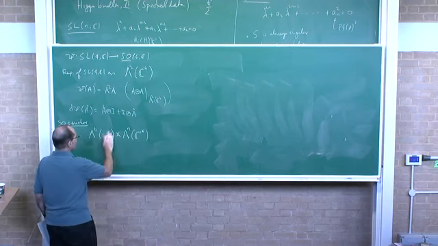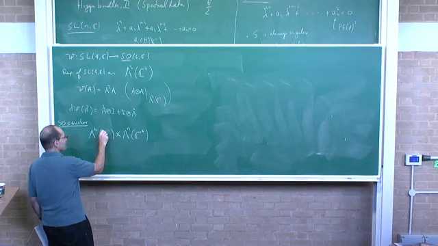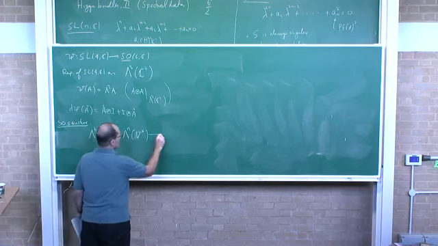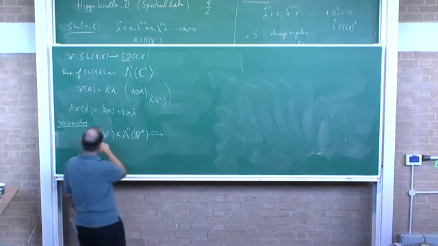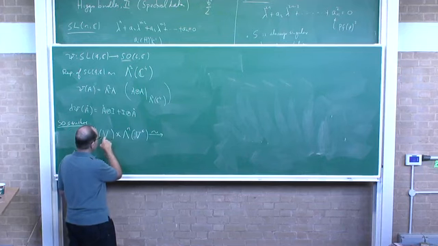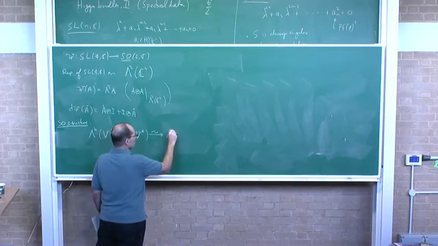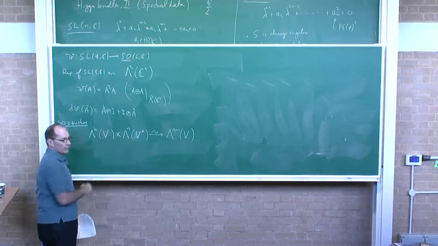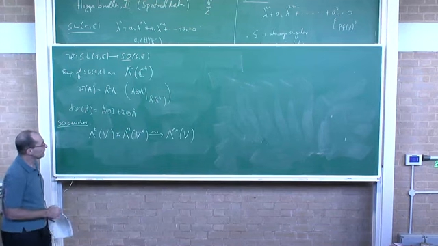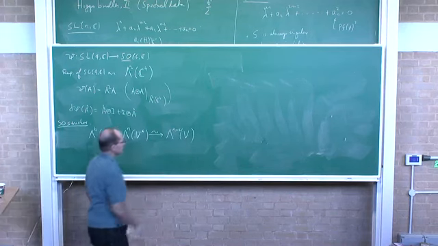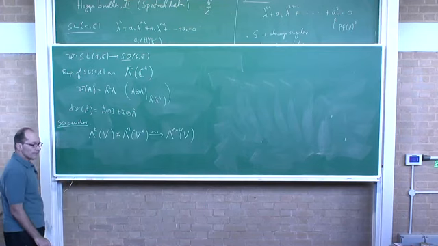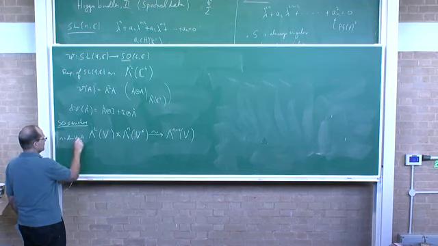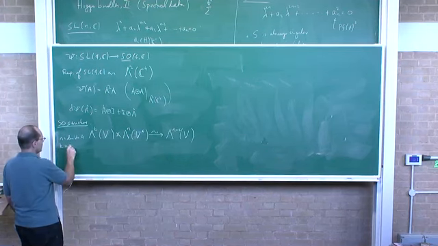So okay, let me put a V. It seems a bit artificial to put this, because this really applies to any vector space. There's an isomorphism from K-forms on V, N-forms on V dual, to (N minus K)-forms on V, which comes by taking the interior product with a volume form. N minus K, thanks. N is the dimension of V, which in our case is 4, and K in our case is 2.